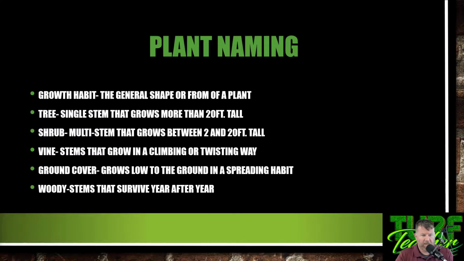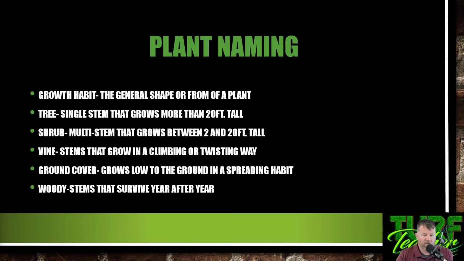With your growth habit, the general shape or form of a plant is what we mean by growth habit. A tree is a single stem that grows more than 20 feet tall. A shrub is multi-stemmed and grows between 2 and 20 feet tall. And I've seen this different in different textbooks, guys. A vine has stems that grow in a climbing or twisting way.